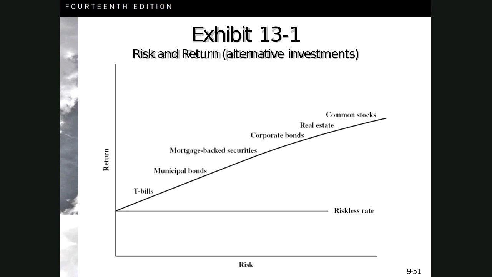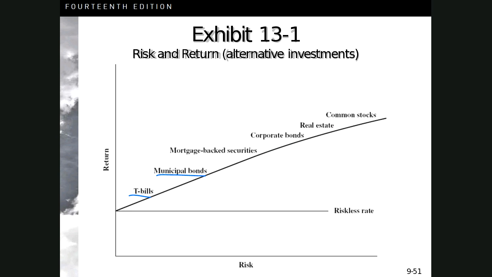Okay, we look at in general the risk and return profile of the whole thing. Where does real estate sit? In general, for the least amount of risk and least amount of return, we're looking at T-bills, then of course munis, because munis are partially tax-free, and also backed by the government, not the federal government, but the local government.